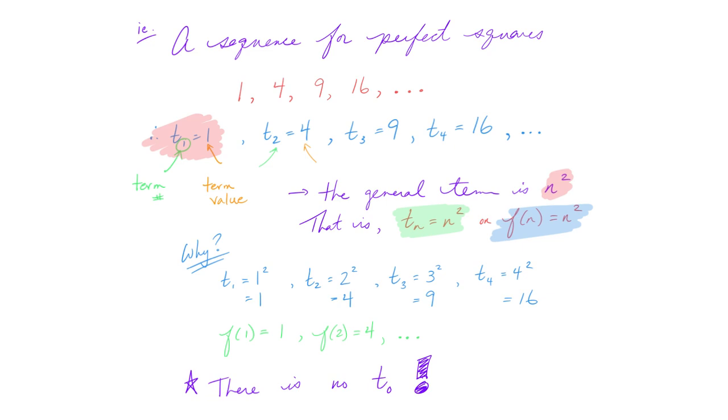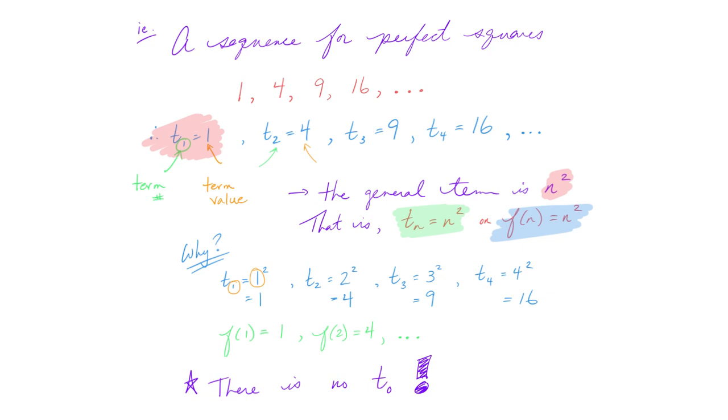Now, why do both of those represent our general term? Because if you notice, if I make the substitution of 1 into that general term, that would tell me to replace my n with 1. If I replace one of my n's in a formula, I have to replace all of my n's with that value.